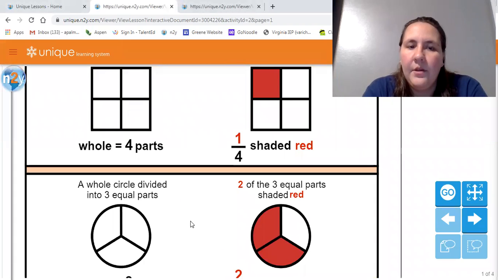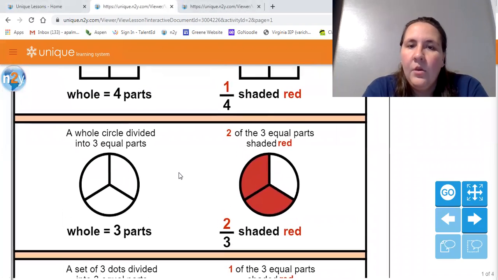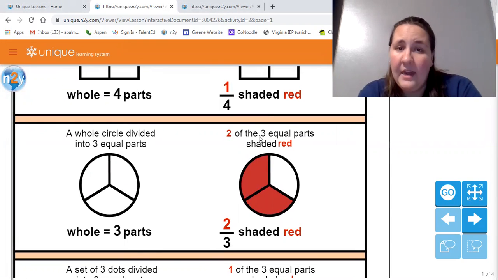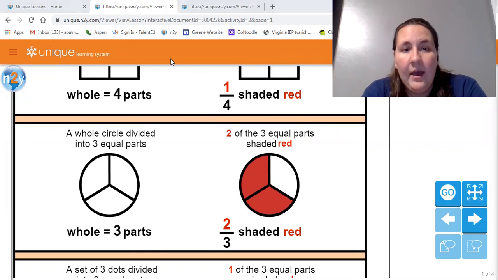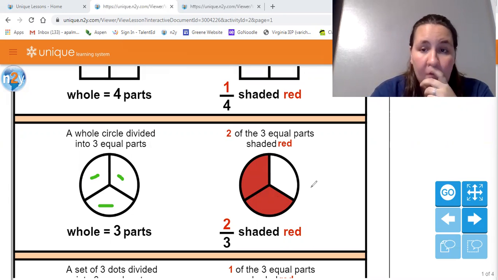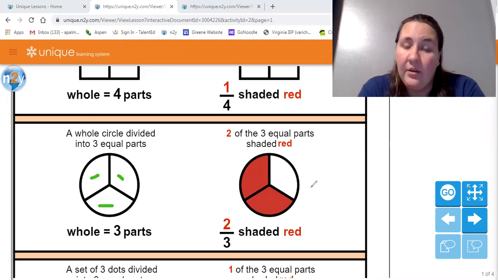Okay, so here's another example. This one is a circle. So remember, if I want to know how many pieces I have all together, I need to count all the pieces that are there. So I have 1, 2, and 3. So now I need to know what fraction, which part of this is shaded. So first I'm going to count my ones that are colored or shaded. So I have 1, 2.